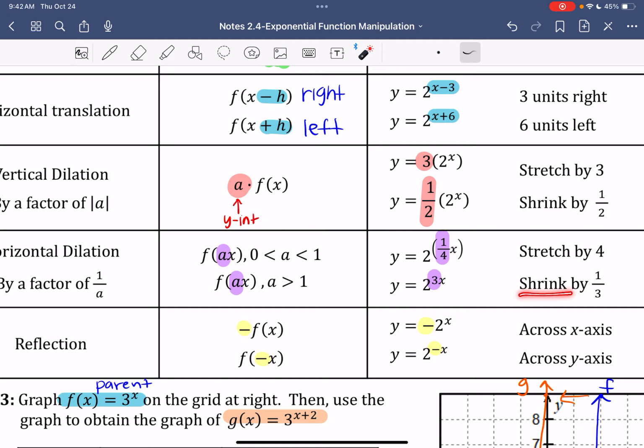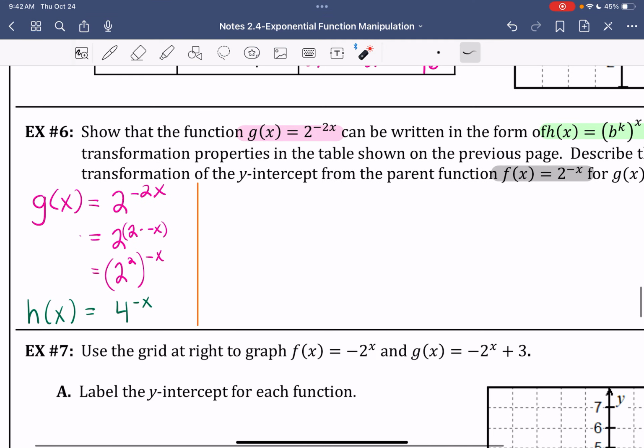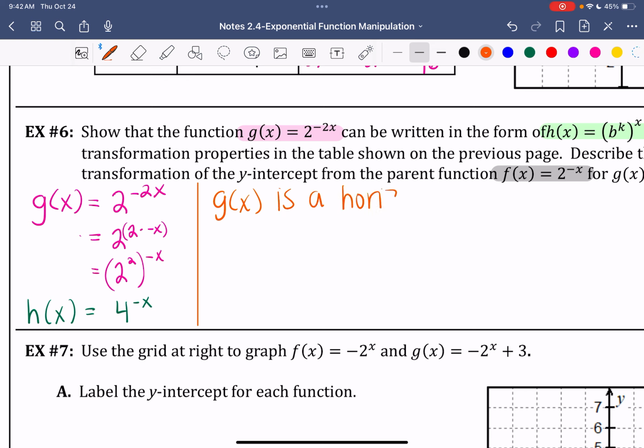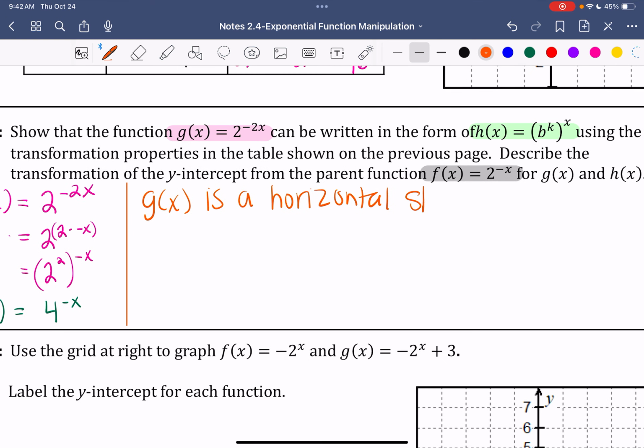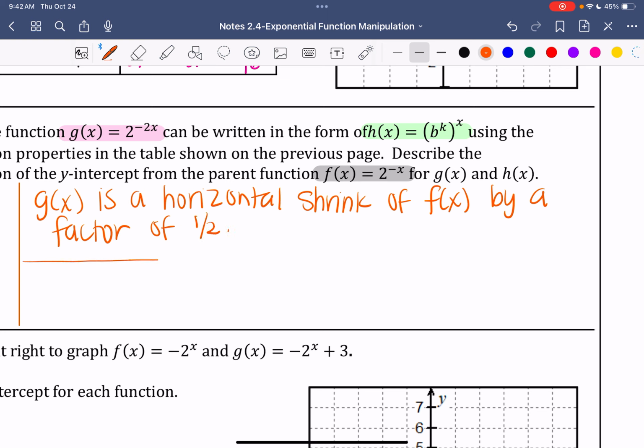We have a 2, so it is going to be a shrink. So g of x is a horizontal shrink of f of x by a factor of 1/2.